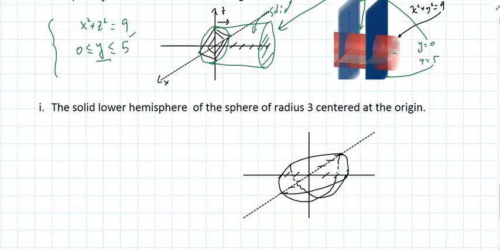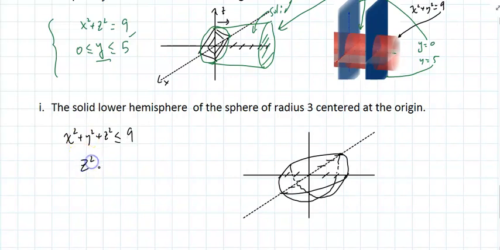Something like that. And the way I would do that, well, a sphere would be x squared plus y squared plus z squared equals 9. To get it a solid, less than or equal, but that's going to give me the whole sphere.